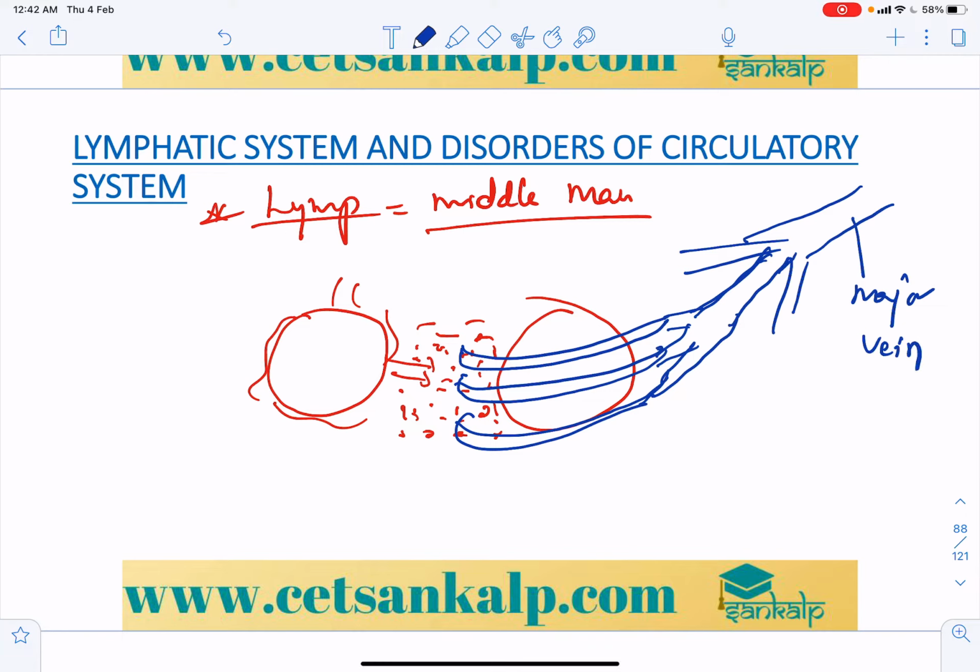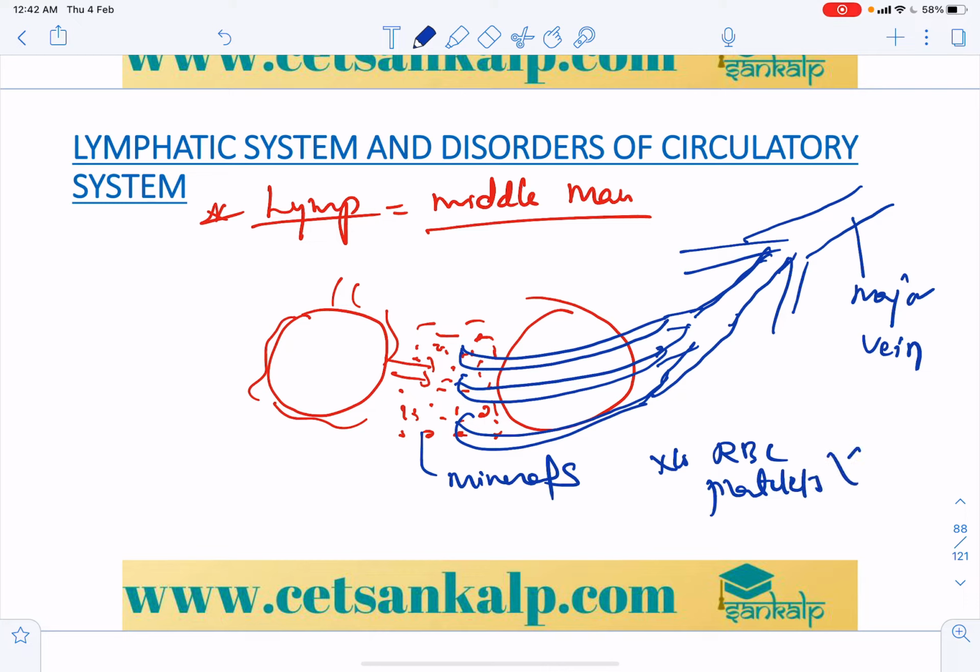Right. So this is the major role of the lymphatic system. Lymph mainly contains minerals, and generally no RBCs and platelets, whereas minerals and a few WBCs will be there.